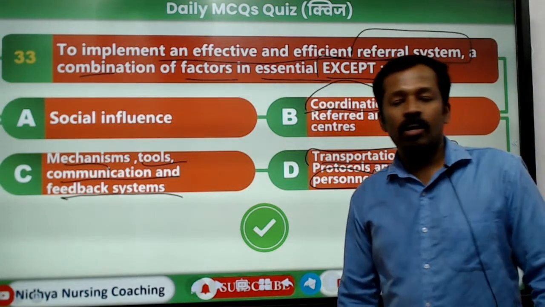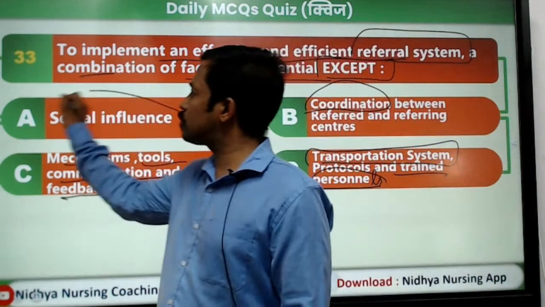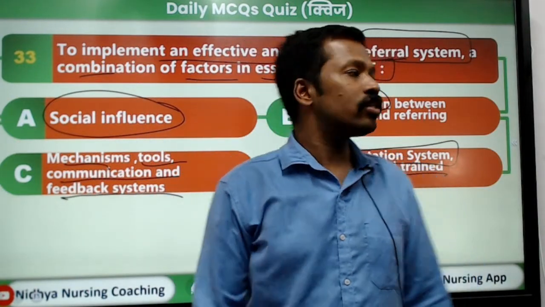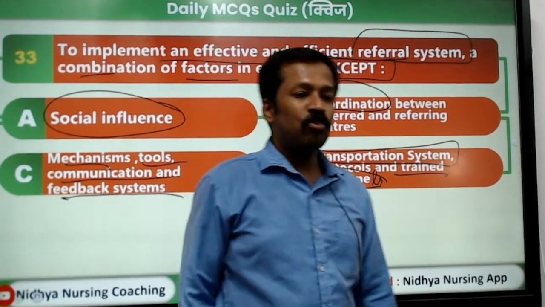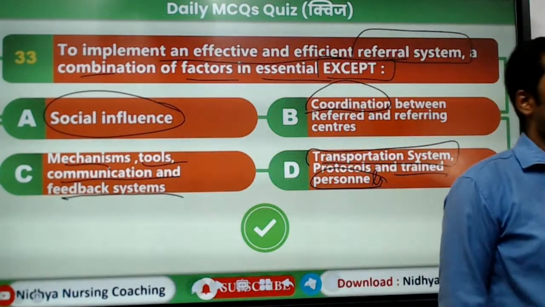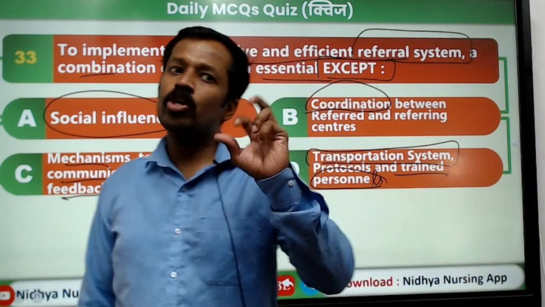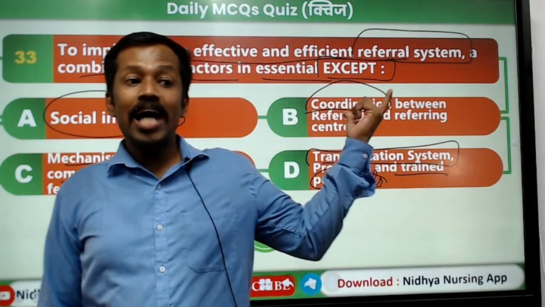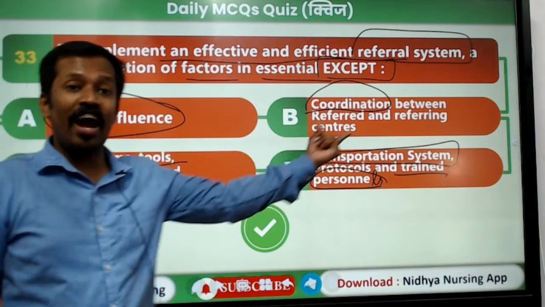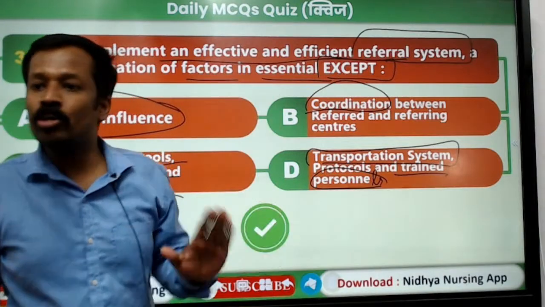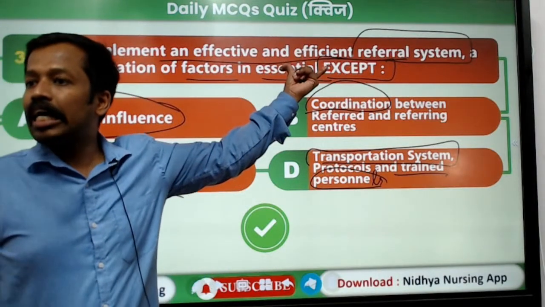Okay. And how about social influence? Is social influence needed or not? Actually, at a particular stage social influence is needed, but as compared to all these other factors, social influence is not that much important for a referral system.